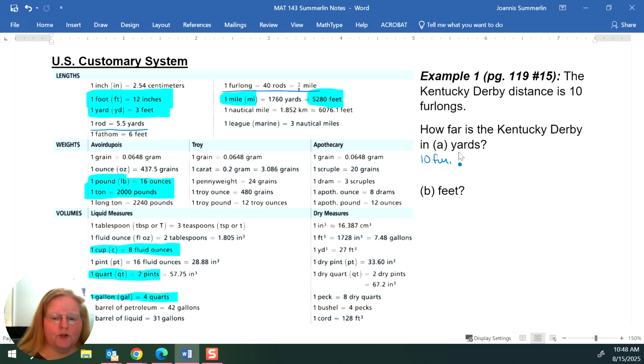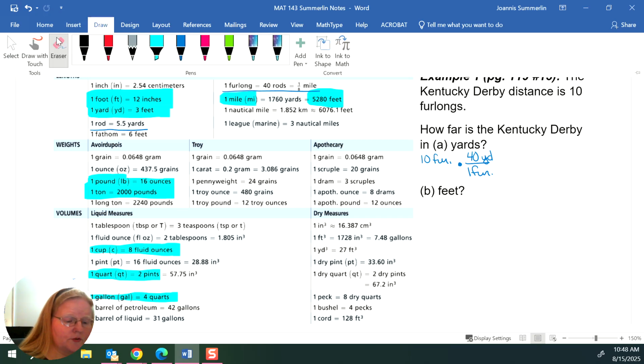So 10 furlongs, and then it says that 1 furlong, that's got to go on the bottom. We learned that in the last section, is equal to 40 rods. Sorry, 40 rods. I can do this.